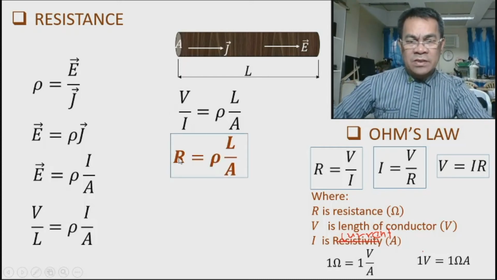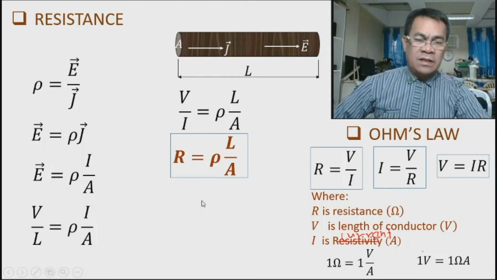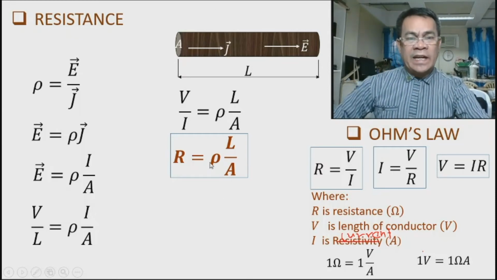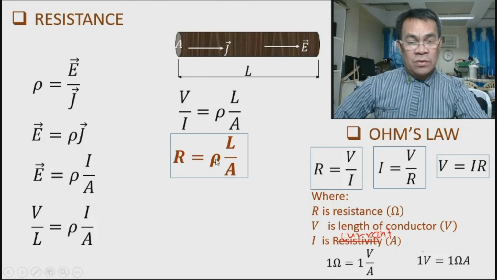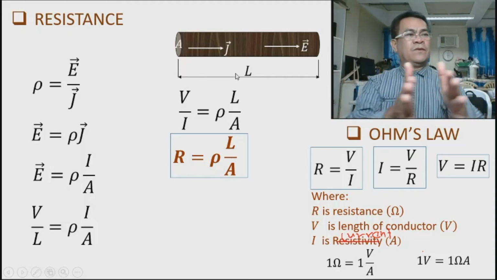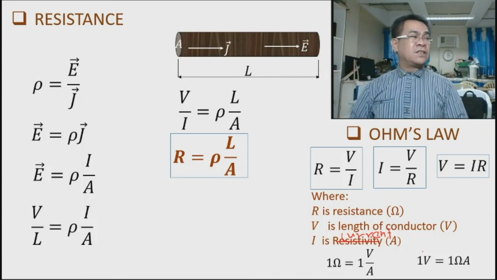So R, the resistance value of the conductor, is now rho L over A. So the resistance of a conductor is directly proportional to the resistivity, meaning the greater the resistivity, the greater the resistance. And it is directly proportional also to the length, which means that if you have a large length, then the resistance keeps on increasing.